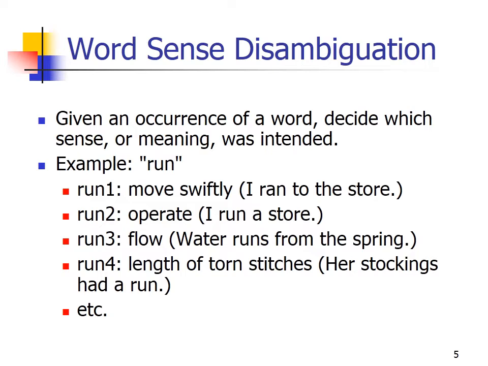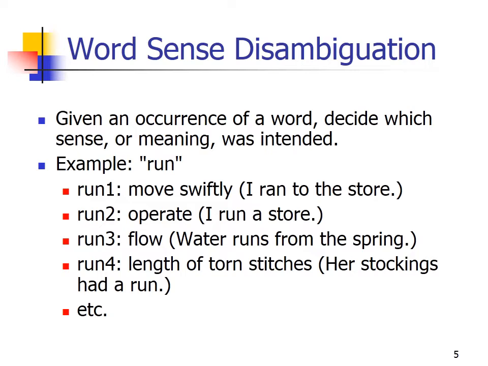Words can have different meanings in different contexts, and word sense or meaning depends on the context in which it is used. For example, the word run can be used in 4 ways at least.